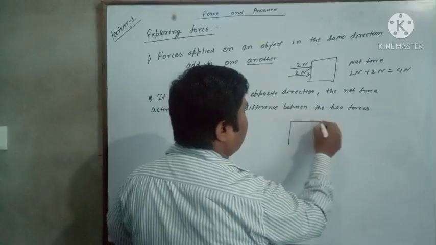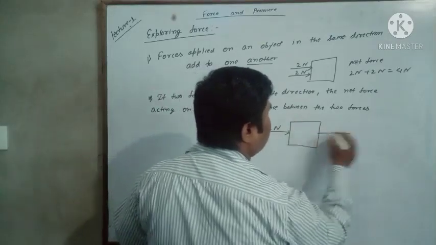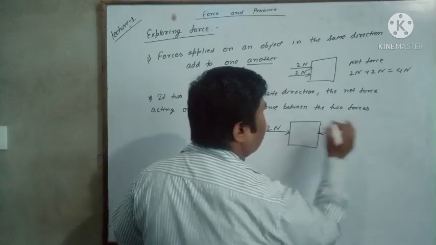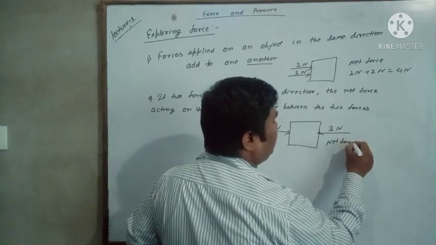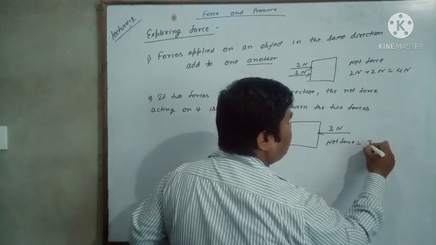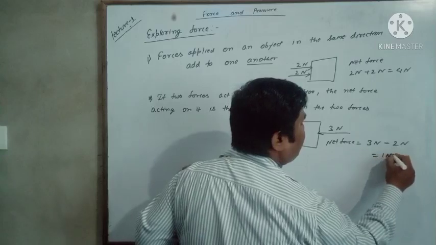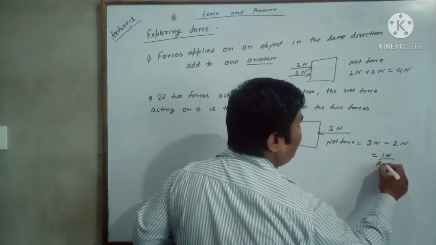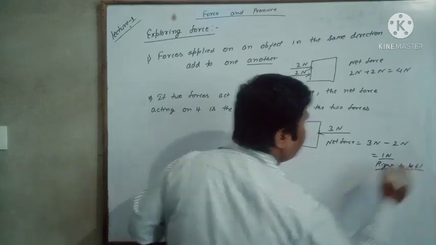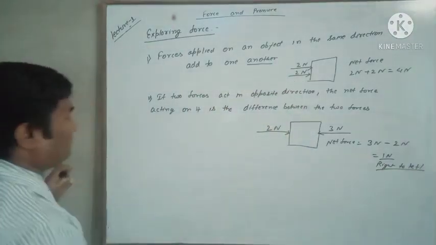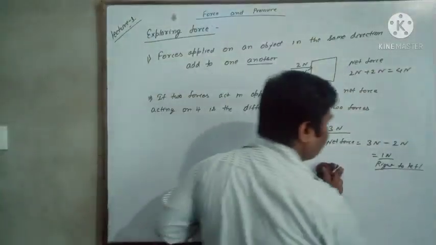For example, this is the box. You are applying 2 Newton from this direction and he is applying 3 Newton from this direction. So the net force will be 3 Newton minus 2 Newton, which is equal to 1 Newton, right to left. So when we are talking about force, we are talking about direction as well.